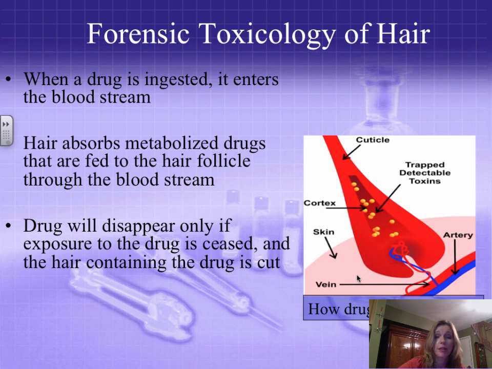So for somebody like me who has long hair, if there were poisoning, this hair would represent a certain time period of growth. If there were poisoning that happened, it would still be present in the ends of my hair, and you would see it until exposure to the drug is ceased.